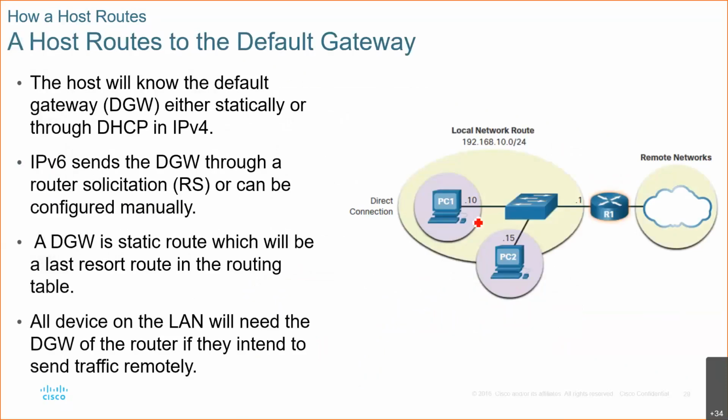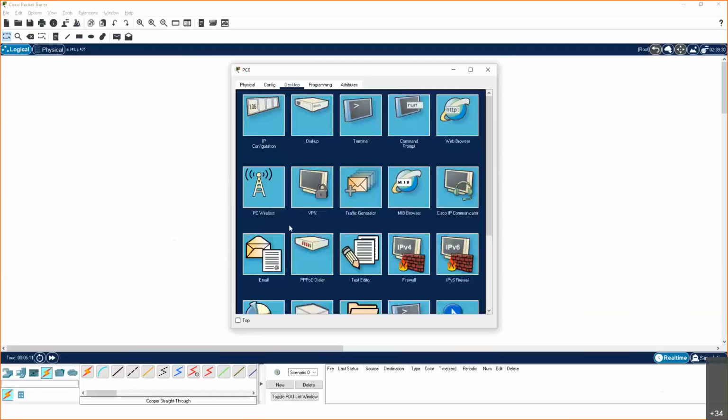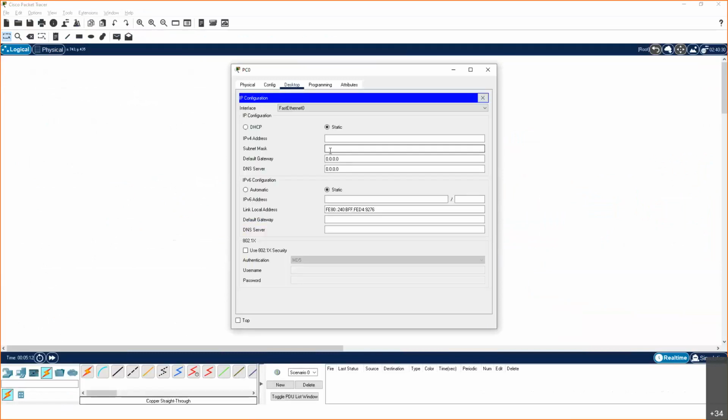Every host will know the default gateway, which is this. Now, this default gateway, you either give it statically, you type out what the default gateway is, which we are going to do in CCNA-1. Very soon, we're going to have router labs.